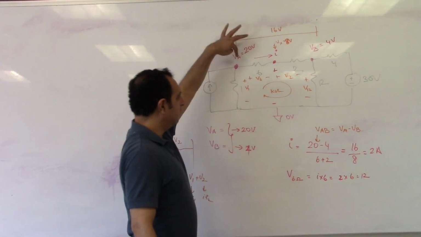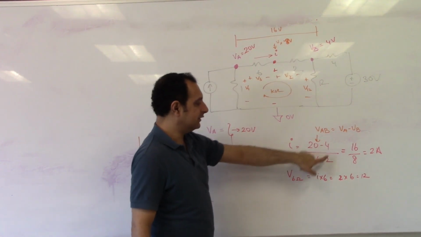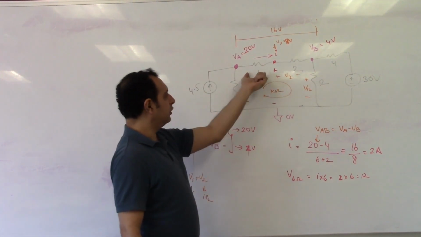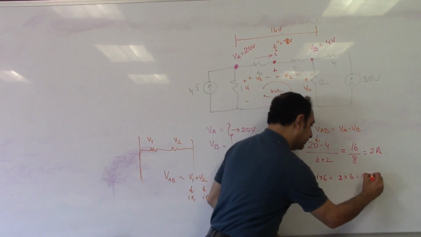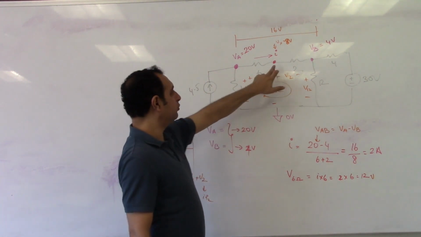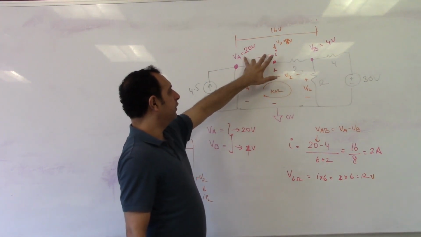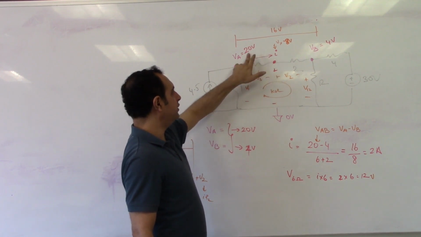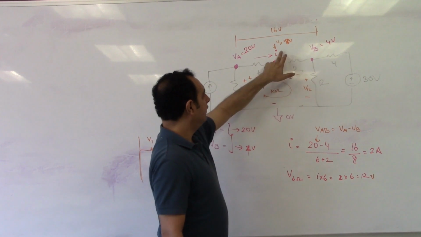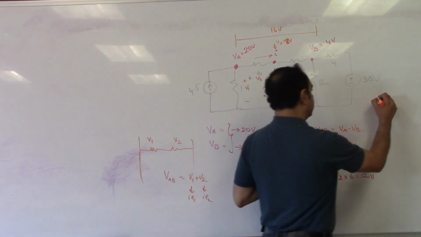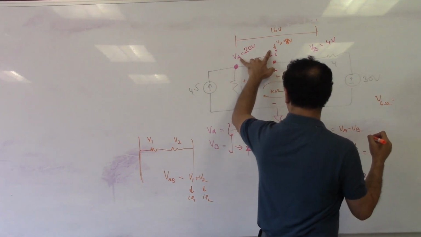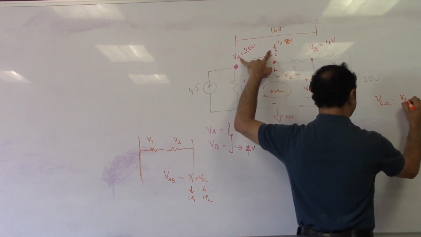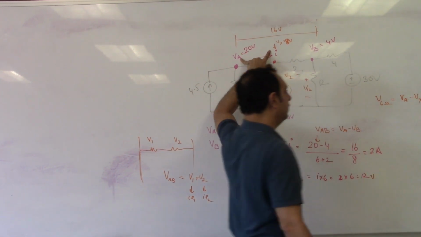We know delta V, which is this minus this, divided by resistance, and you get the current. So the drop across the 6 ohm resistor has to be 12 volts. If this has to be 12 volts, what should be the voltage here? We know V6 ohms is equal to the difference between VA and Vx.